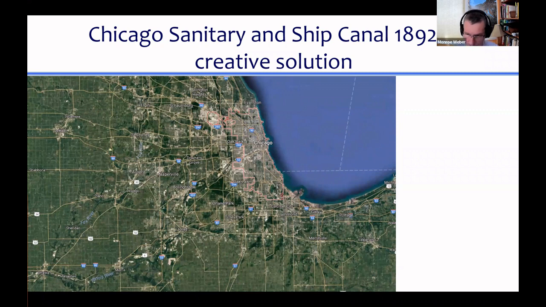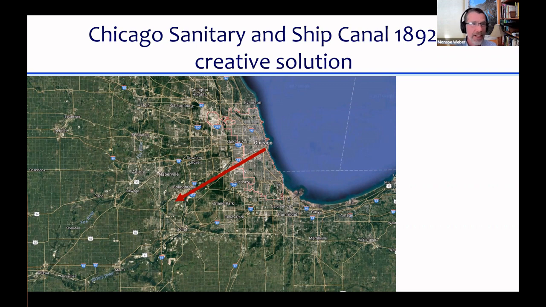And they came up with a very clever idea: if you go about 20 miles and just a few feet up in elevation, you end up in the Mississippi watershed. And so all they had to do was lift their wastewater a tiny bit, get it over that tiny ridge, and all their wastewater goes down to the Mississippi instead of into Lake Michigan, and their problem is solved.